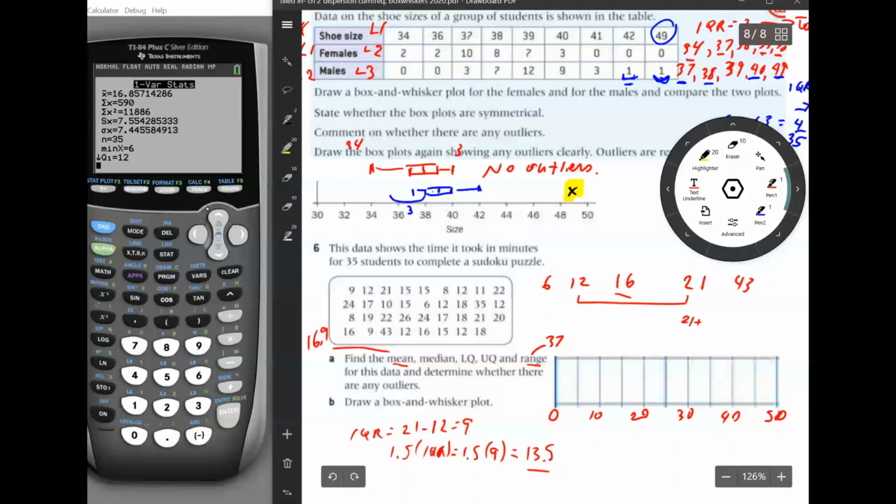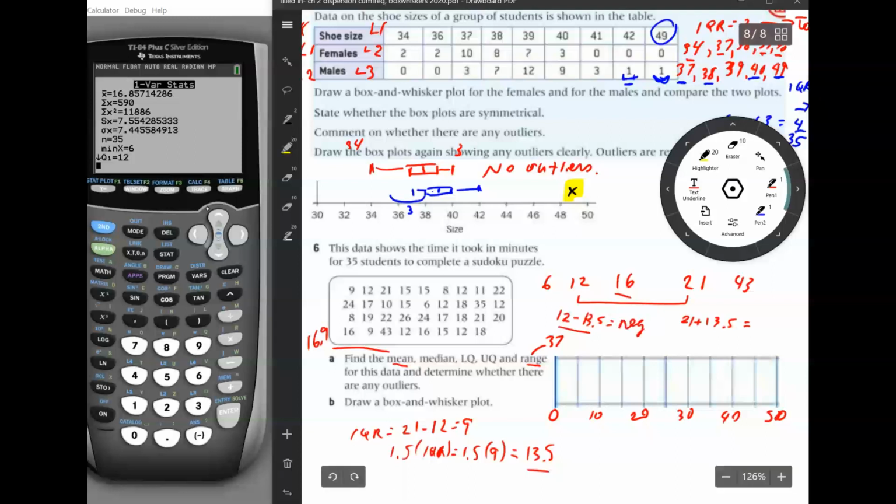You add it to UQ, and you subtract it from LQ, and that gives you the boundaries.